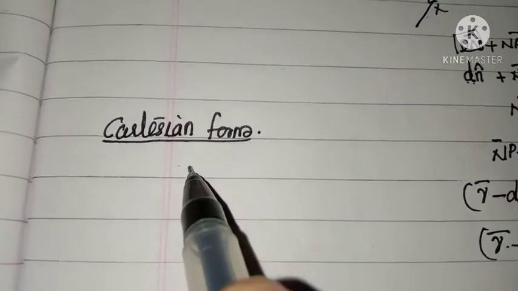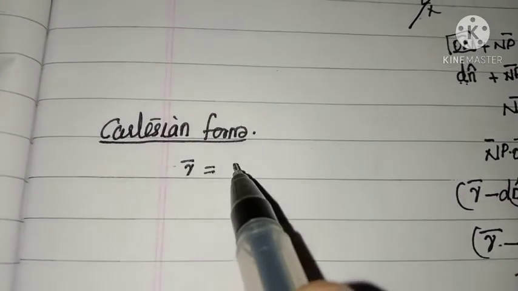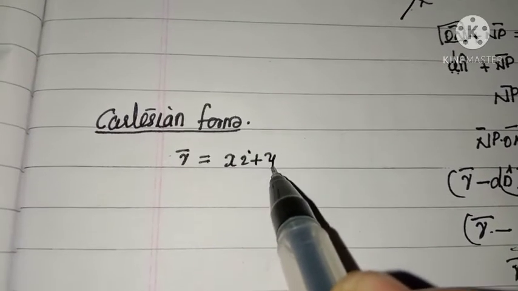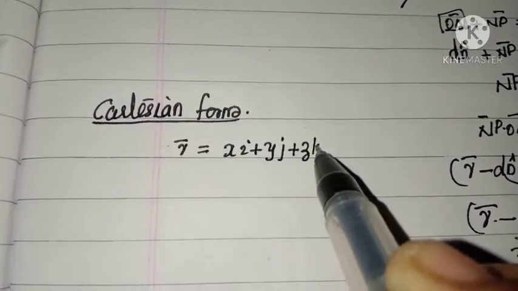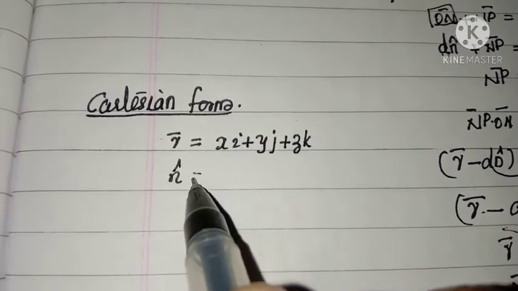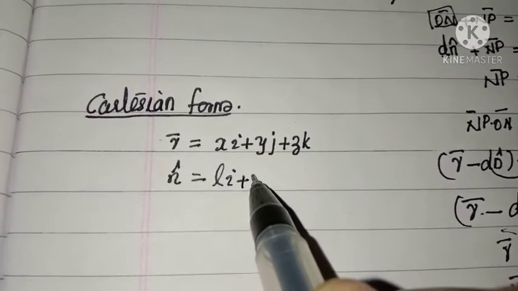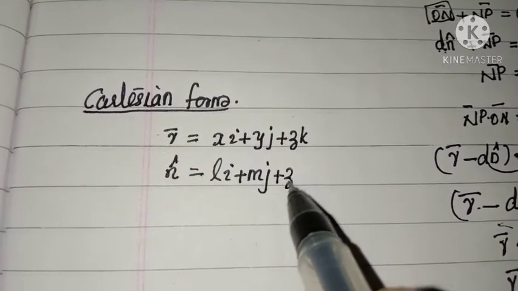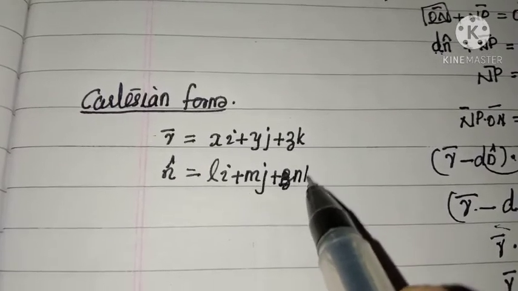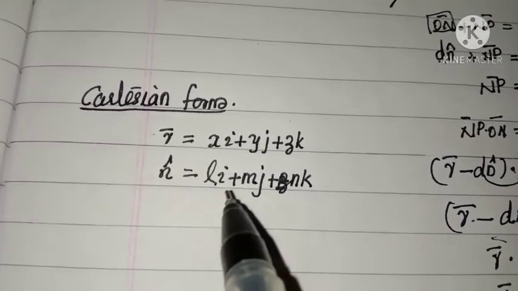Let us consider the position vector r as xi plus yj plus zk, and the unit vector n as li plus mj plus nk. Here l, m, n are direction cosines.